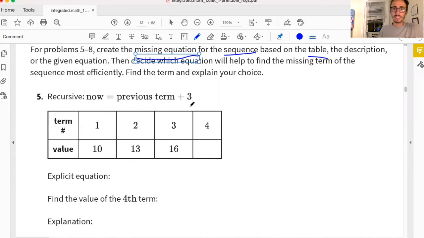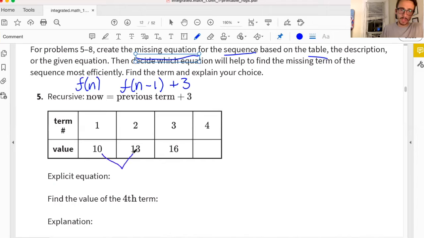So let's dive in. We know in words that the recursive rule says that now equals the previous term plus 3. Sometimes this can be denoted as now is f of n, the previous term is f of n minus 1, and then plus 3. So what's happening here?